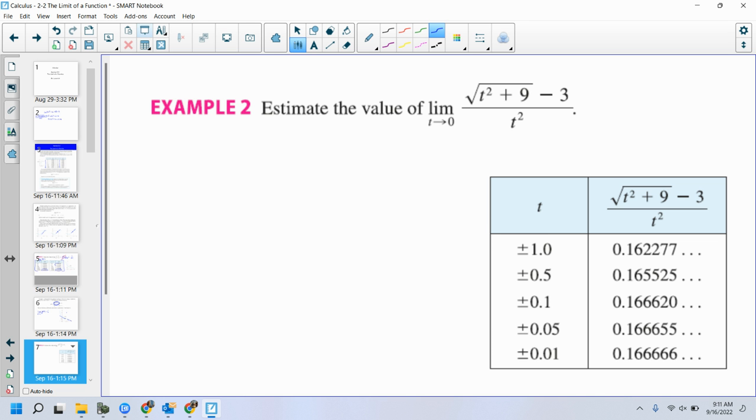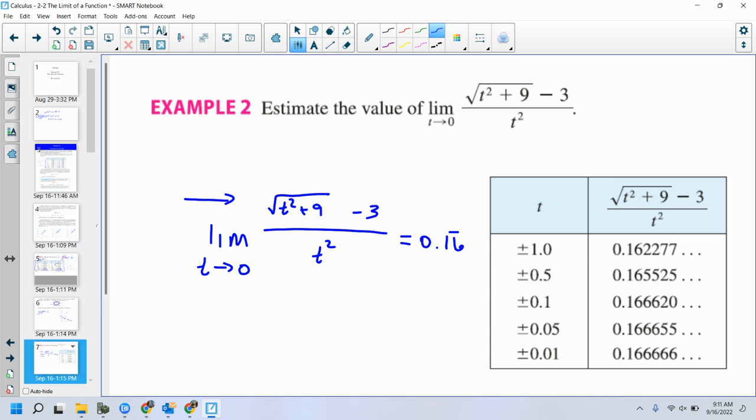So we can say that this is going to converge. The limit as t goes to 0 of this weird expression, the square root of t squared plus 9 minus 3, over t squared, is actually equal to 0.16 repeating. And that's all that we know how to do right now.